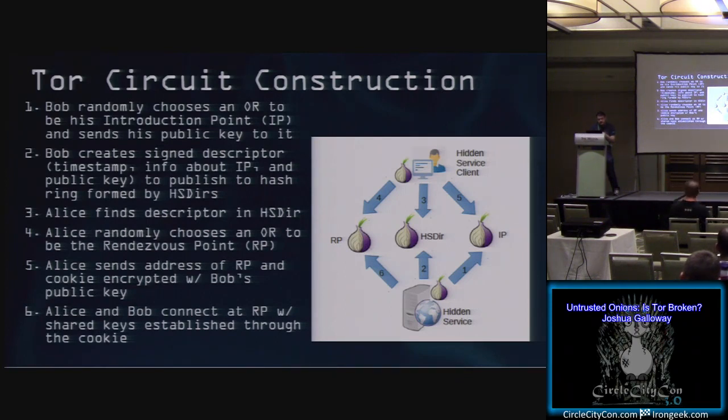It's actually a lot more involved than the 3 hops we all know about. With Bob being the hidden service server, and Alice being the hidden service client, Tor circuits are constructed like so.